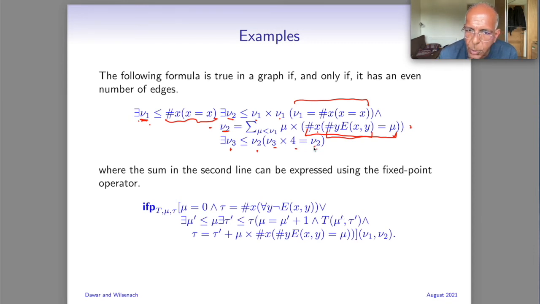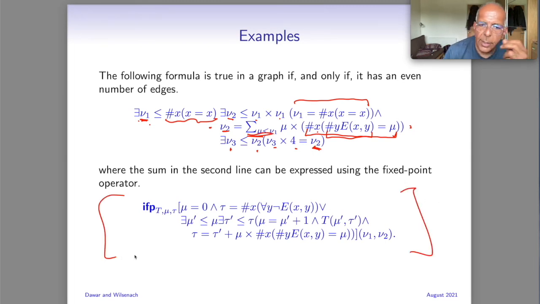So this says nu2 is a multiple of 4, and this says nu2 is the sum of the degrees of all the vertices. Now, I've written this sum, and how do I do that in the logic? Well, I do that with a fixed point. This is breaking down this expression of calculating the sum over all possible degrees of the number of vertices of that degree. Here it is done as a fixed point expression. What is it doing?